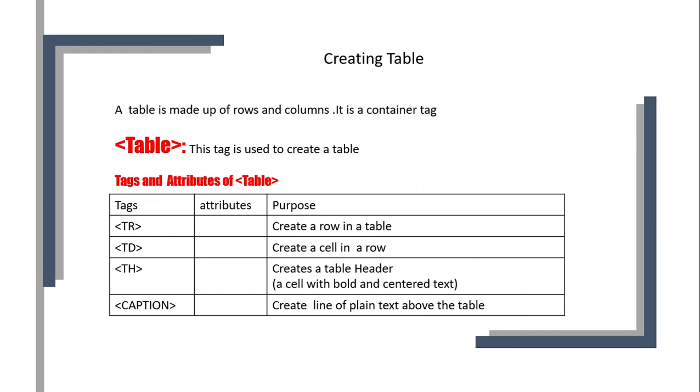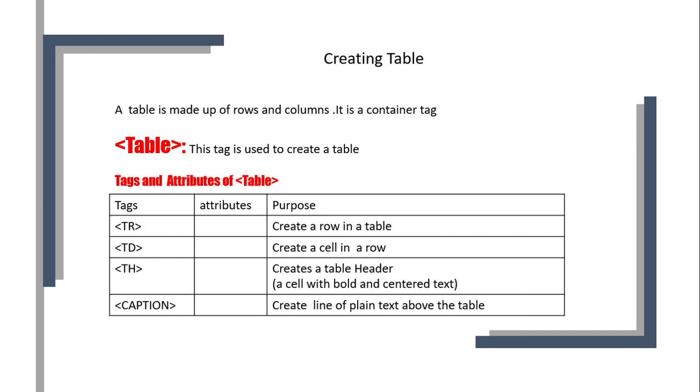So what is a table and how is it made? A table is made up of rows and columns. Now what are rows? Rows mean the horizontal partitions and columns mean the vertical partitions. It is a container tag. Why a container tag? Because a table starts with the table tag and closes with slash table. This tag is used to create a table.